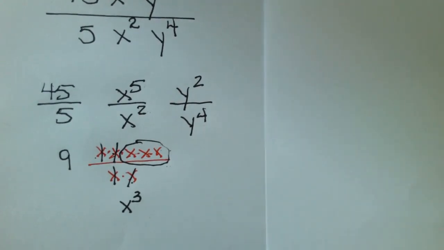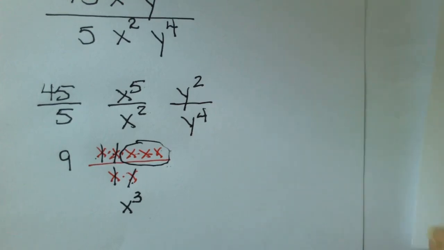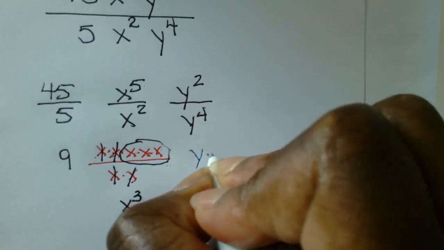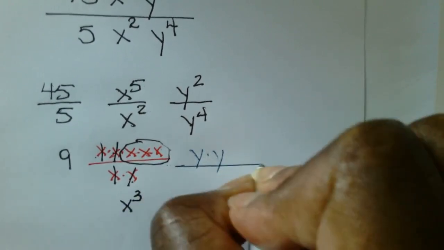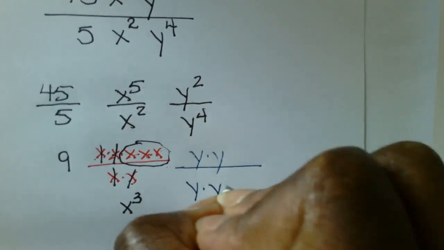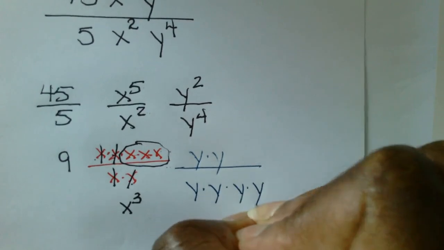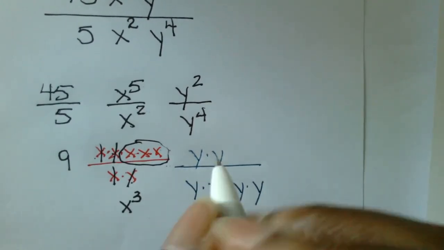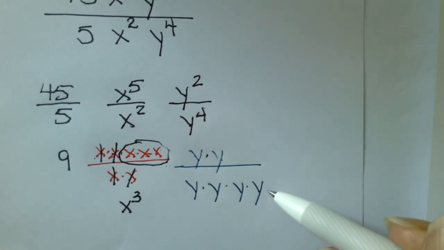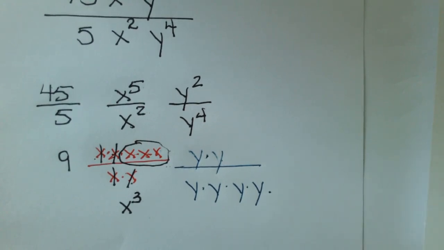But then, we're coming to the y's. So for our y's, we have y times y. I think this pen's about to die. Let's see what we got. Y times y times y times y. So we're multiplying y to itself 2 times for the numerator, multiplying y to itself 4 times in the denominator. So yep, that's what you're going to get.